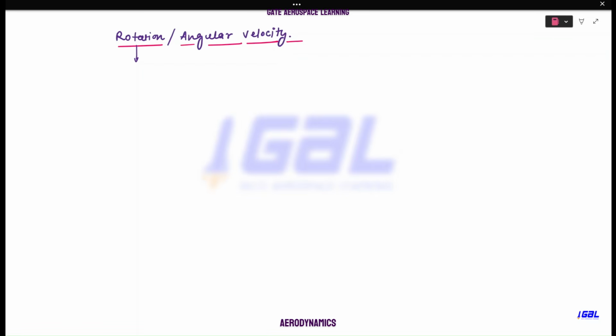Now what is the rotation? Rotation is that your fluid particle, let's say it is following some path, there can be rotation about a certain axis. Now what do you mean by this? About a certain axis means when flow is flowing through some path or in some region, there will be rotation associated with its own axis.